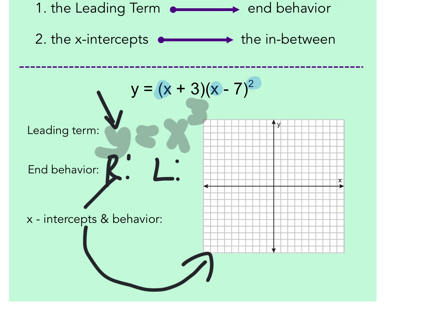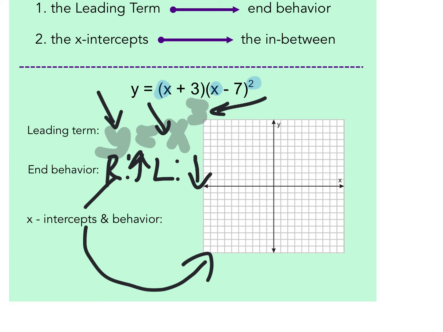Row 5, last person, Stella. Right goes up, left goes down. Right is up because that's positive. Why is the left side different? Because the power is what? Odd is correct. Okay, next I'm going to graph it.